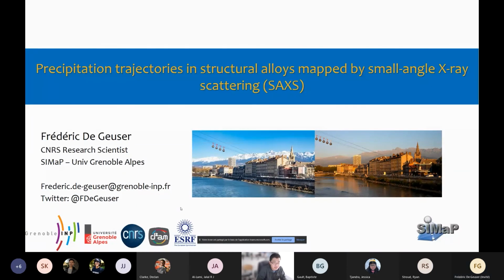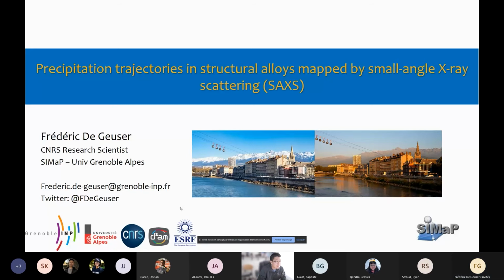So before this interesting talk, I will start with a brief introduction about our speaker, Dr. Frédéric De Geuser. Fred is a CNRS researcher based at the French National Center for Scientific Research from University of Grenoble-Alpes.